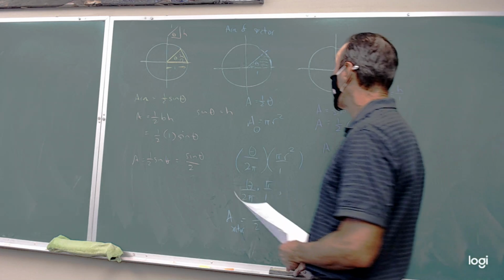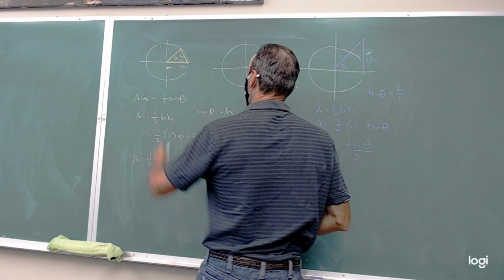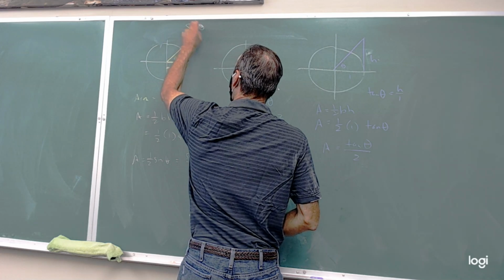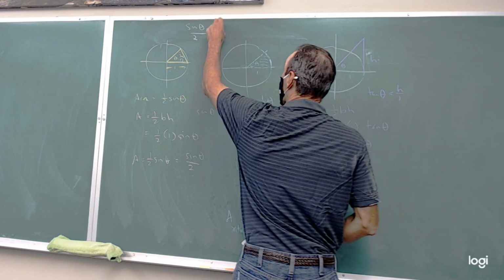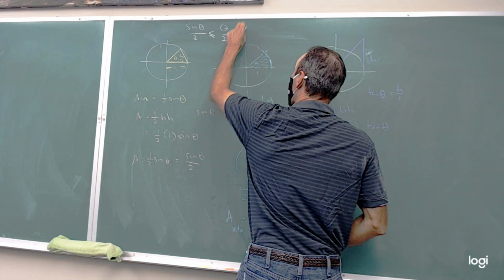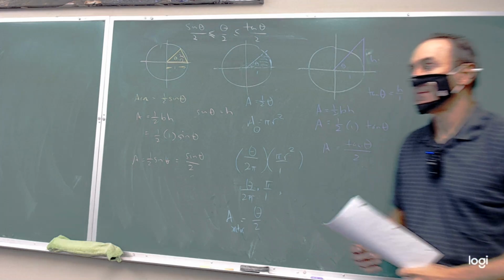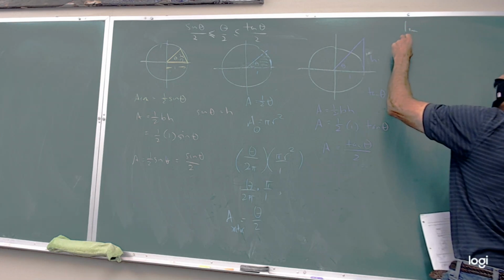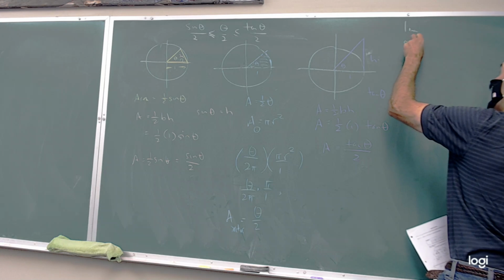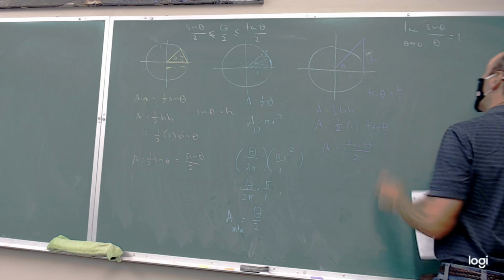So that's our inequality. So we can see visually that sine theta over 2 is less than or equal to theta over 2, which is less than or equal to tangent of theta over 2. Okay? Remember, in the back of our mind, we're trying to show that the limit as theta goes to 0 of sine theta over theta is equal to 1.